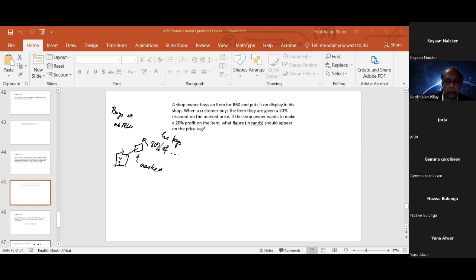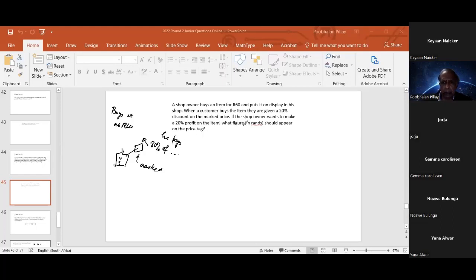Because you work out 20% of it and subtract it, that's a discount, which is the same as saying it is 80% of the marked price. So this is what he pays.